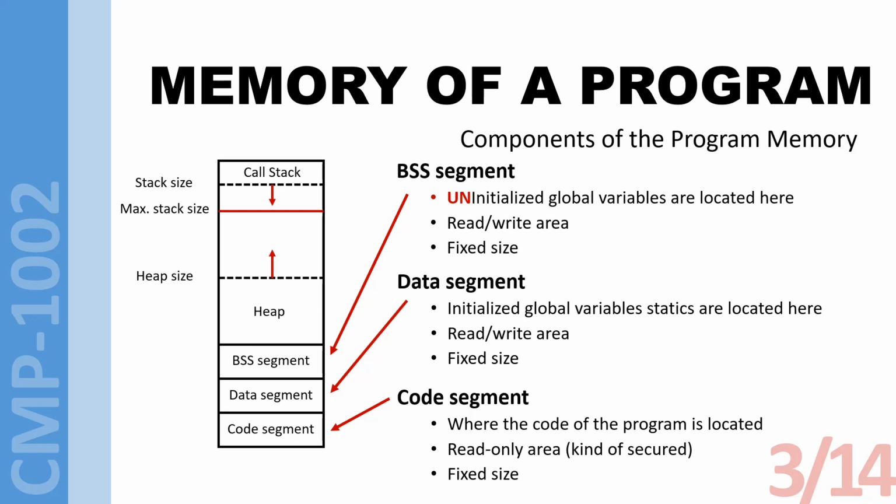The main difference is that this is where the uninitialized global variables live. Other than that, it has the same features as the data segment. It is again a read-write area, so the values of these global variables will be initialized after a while. Some values will be copied inside, and these things will still be living in the BSS segment.